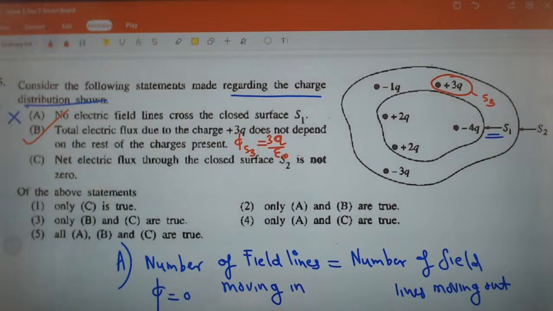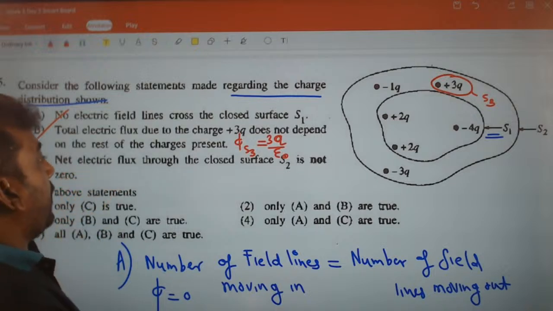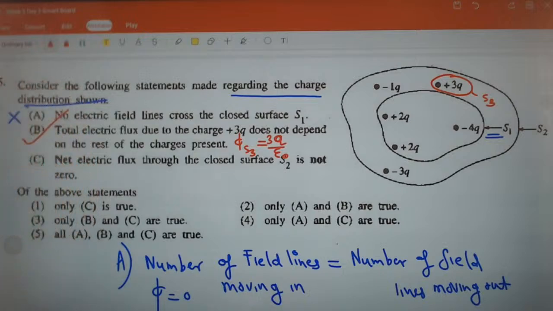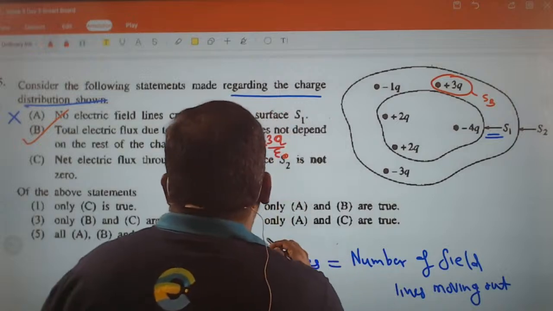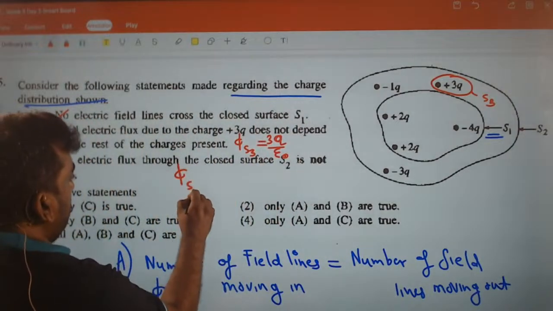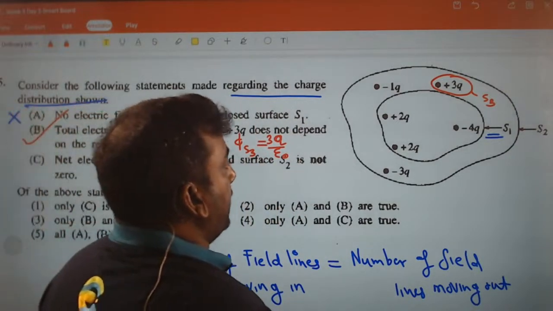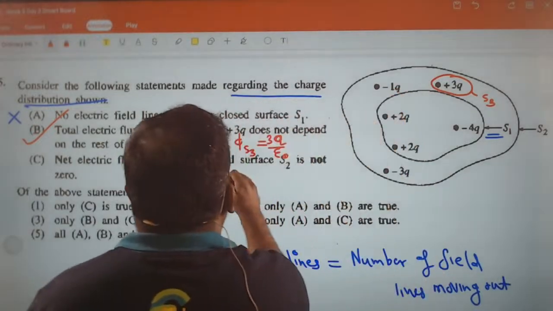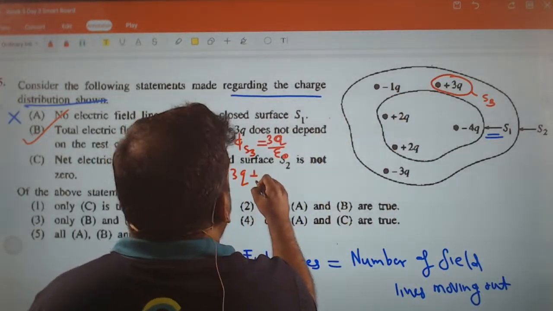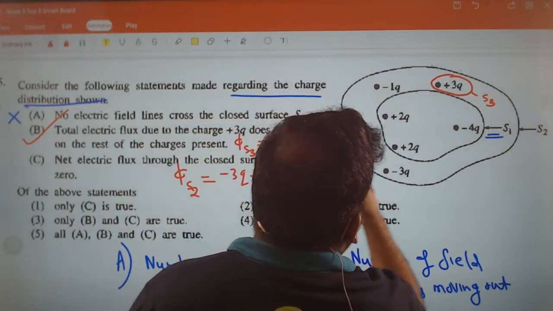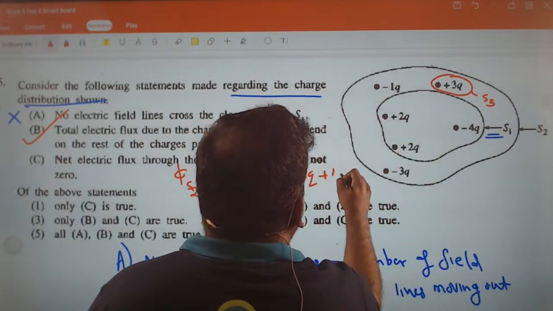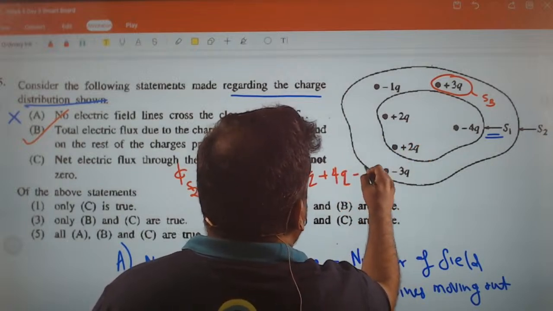Part C. Net electric flux through the closed surface S2 is not 0. If I take surface S2, the sum of charges is minus 3q minus q plus 3q plus 2q minus 4q.